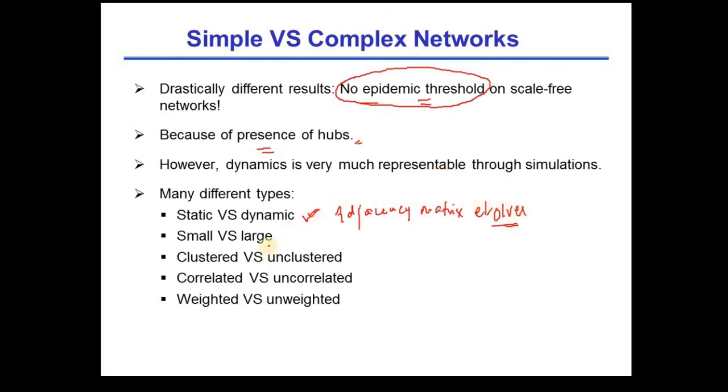You can consider small and large networks, and you see how different the results are in small networks. Okay, clustering. We have talked about clustering, where you have some small tightly connected groups and some loose connections among these groups, which constitute the entire network.